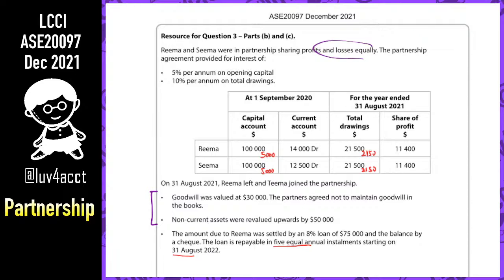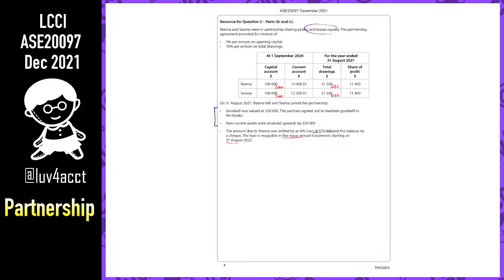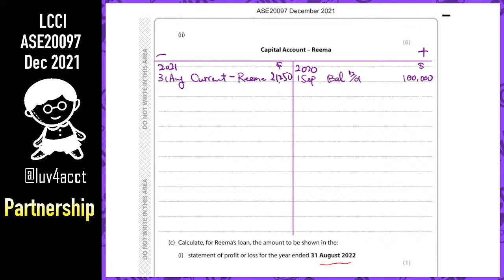And it is settled by a 75,000 loan, 8% loan. Here we have all the necessary information already. Let me use another color for the revaluation part. 31st of August, we have goodwill. I think here you have two choices.